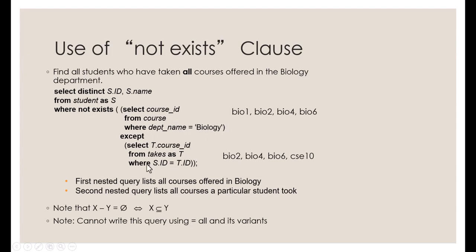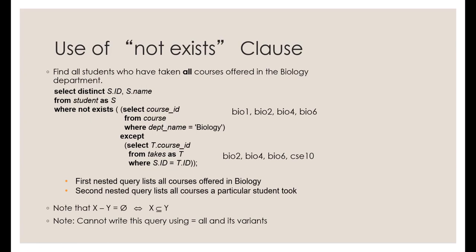And then the second subquery will be returning all the courses that this particular student has taken, because we're selecting the course ID from takes as T, where the ID from T is equal to S.SID. So these are all the courses that this particular student has taken, and these are all the courses offered in the biology department.